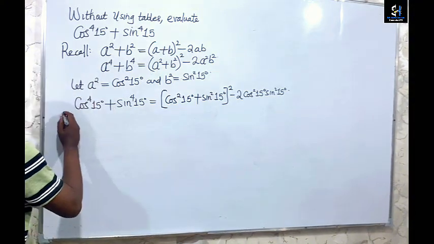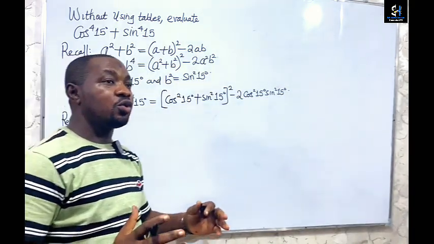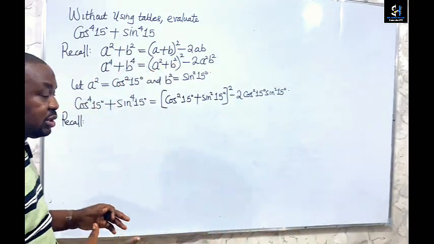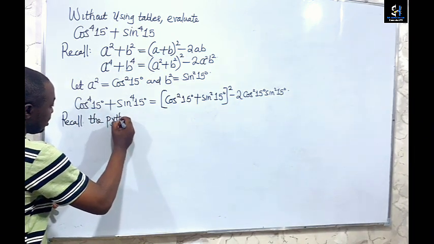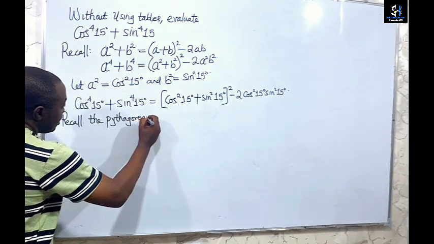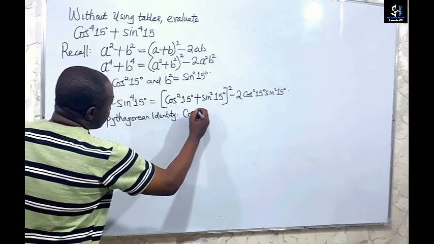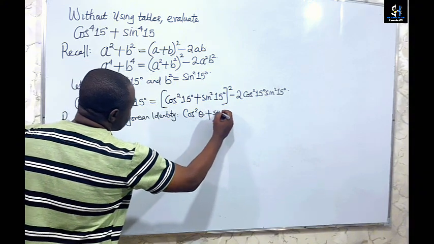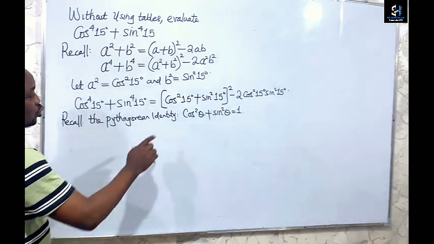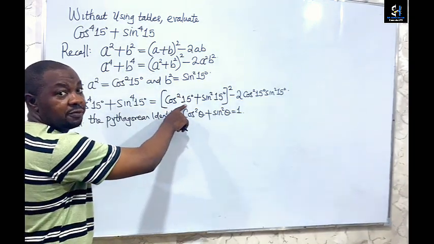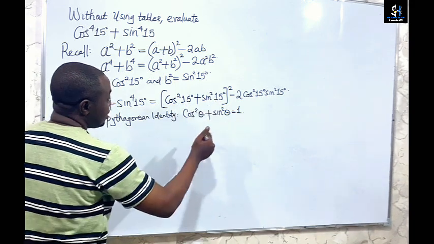Now let's recall the Pythagorean identity: cos squared theta plus sine squared theta equals 1. Theta in this case is 15 degrees, so cos squared 15 degrees plus sine squared 15 degrees will be 1.